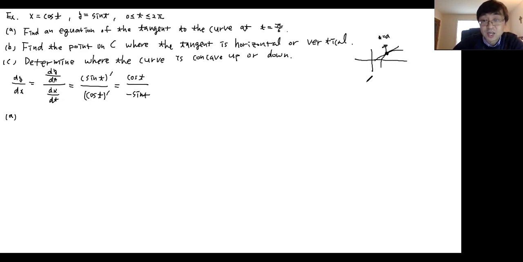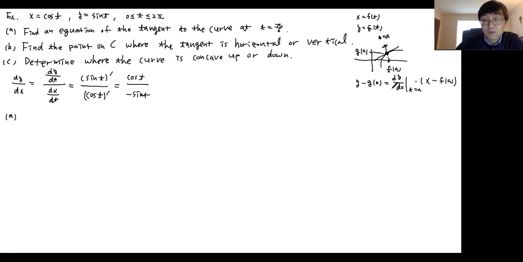The equation of the tangent line is y minus g of a equals dy over dx at t equals a times x minus f of a. Is that right? This point is f of a, and this point is g of a. Remember, x equals f of t, y equals g of t.